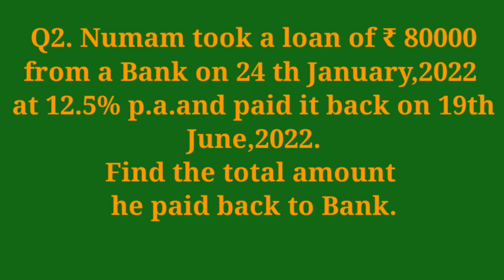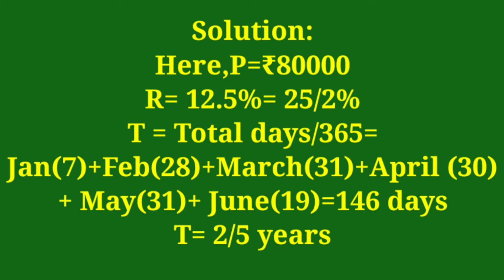This is a very interesting question. Here you have to calculate the number of days from January to June. So when you calculate, then you will understand in terms of year what is going to happen. Here, solution. Principal here is 80,000, rate is equal to 12.5, that is 12 and a half, 25 by 2, total days 365 days, remember, by 365 days.